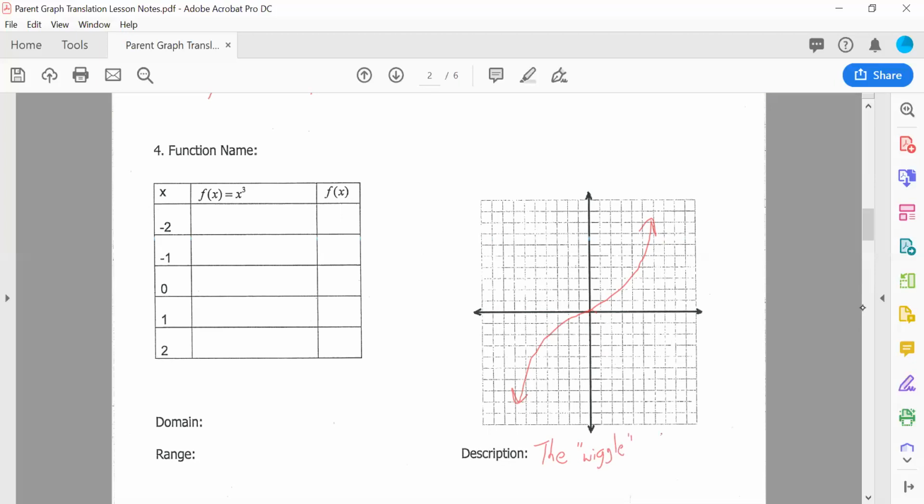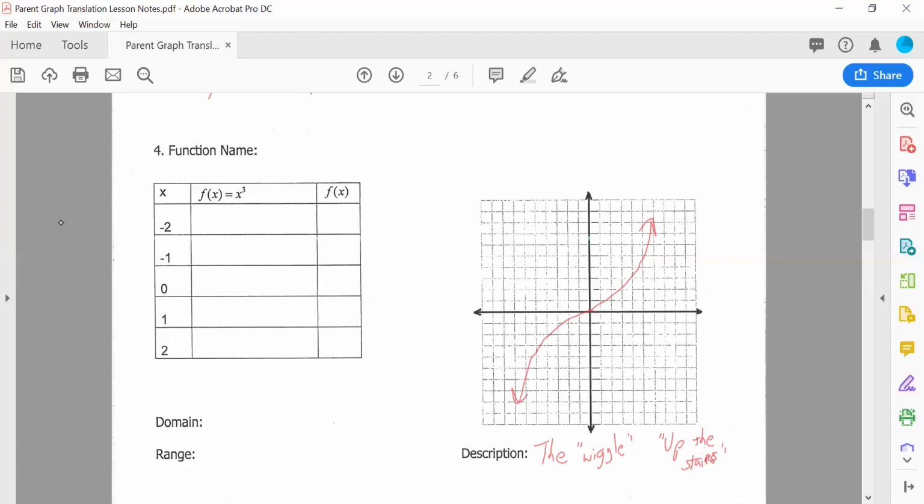Or I can also call this going up the stairs. Why? Because it looks like I'm going up the steps, and then boom, it flattens out right here at the x-axis. I'm stepping and then going up the stairs.